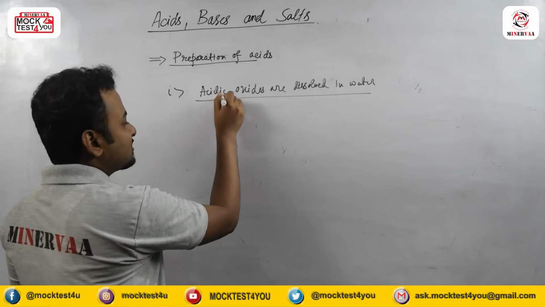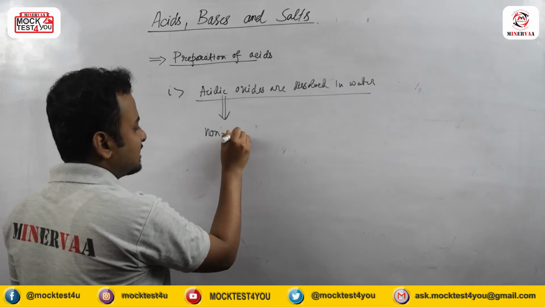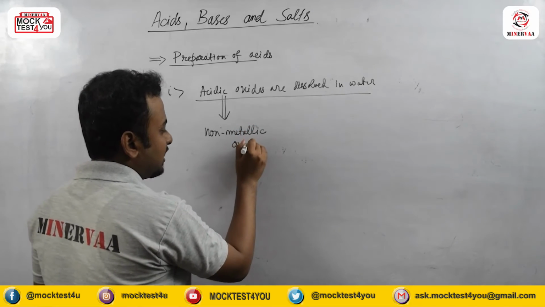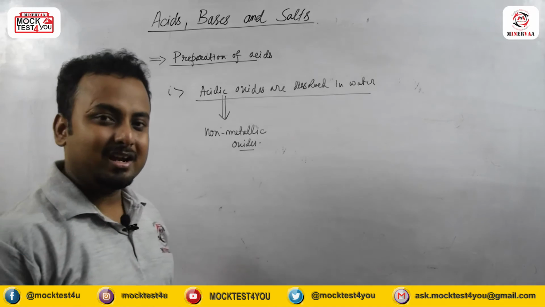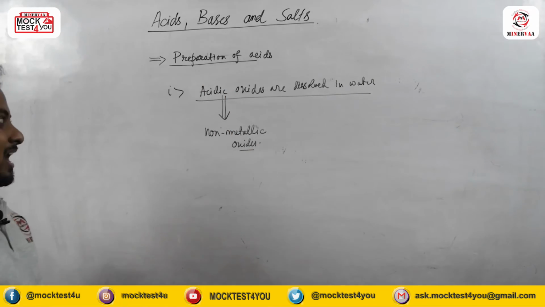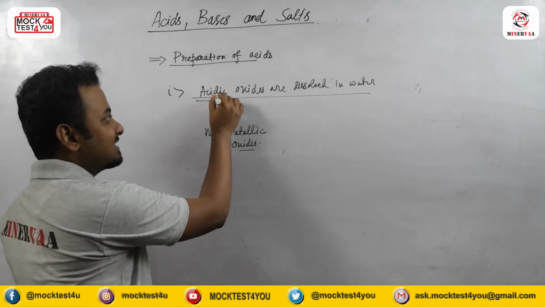So what are acidic oxides? Acidic oxides are actually non-metallic oxides. Let us refresh our memory of what we learned in earlier classes. Non-metallic oxides are acidic oxides and metallic oxides are basic oxides. So here we are talking about acidic oxides.